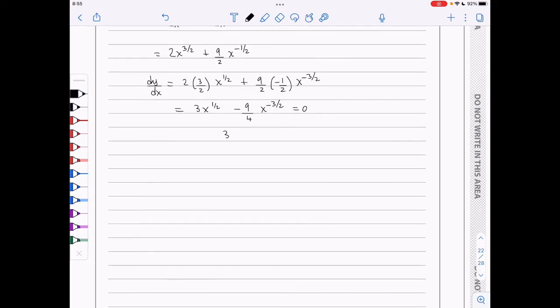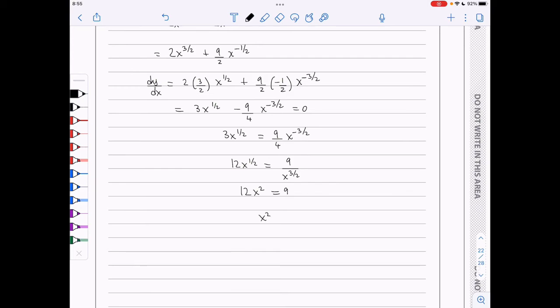So 3x to the half is equal to 9 over 4 x to the minus 3 over 2. So 12x to the half, I've cross multiplied, is 9 over x to the 3 over 2, which means that 12x squared is 9, cross multiplying by x to the 3 over 2.